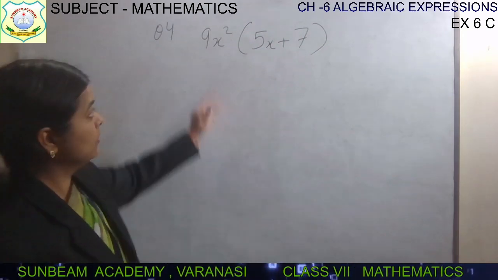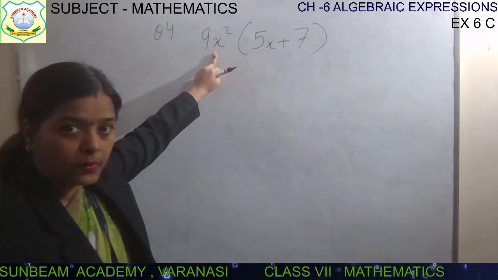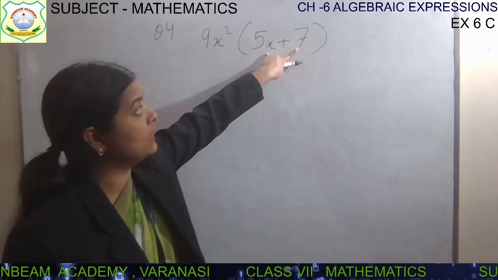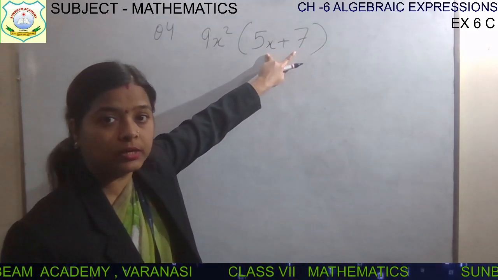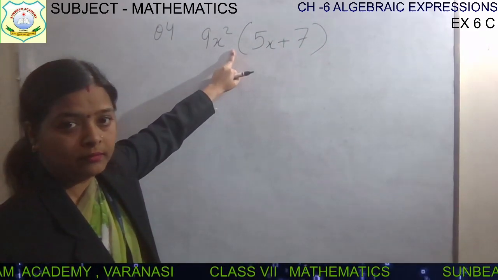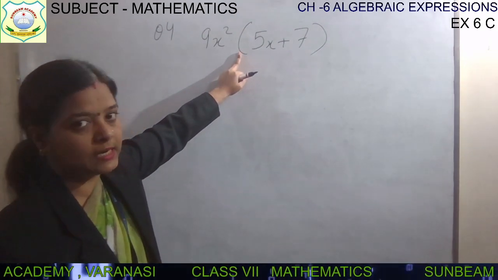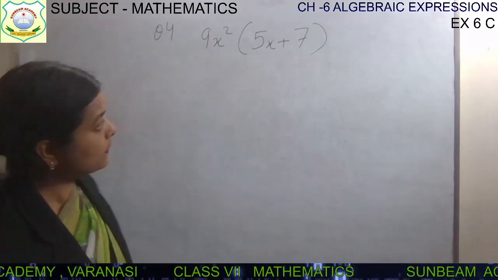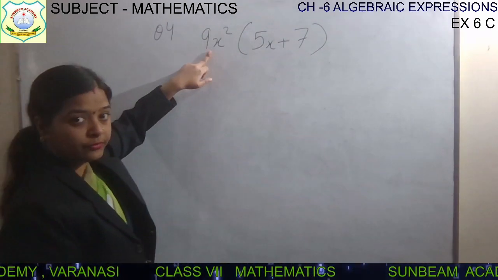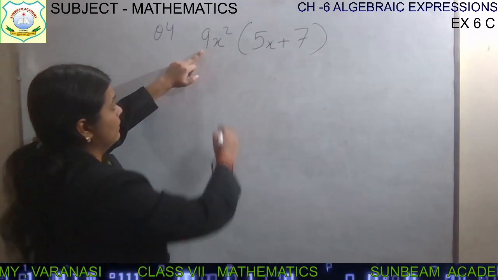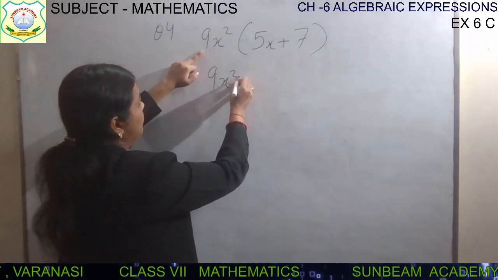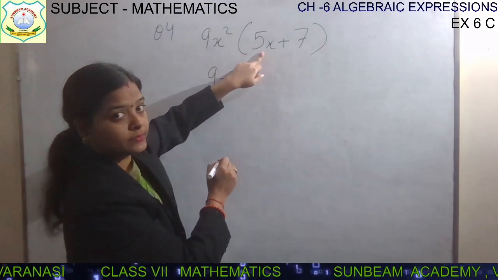We are having one monomial 9x square, we are having one binomial 5x plus 7 having two terms, and we have to multiply. Bracket sign itself says that you have to multiply. Now we will write the first one, this one. Okay, 9x square, and it will multiply with this first term inside the bracket.